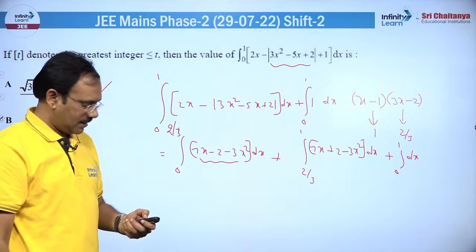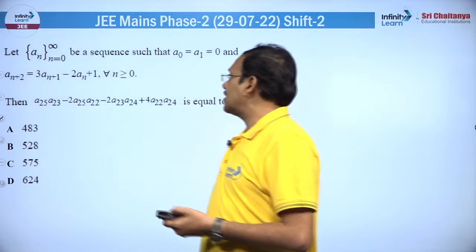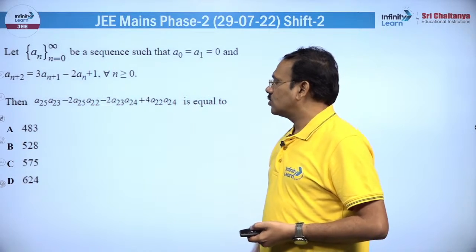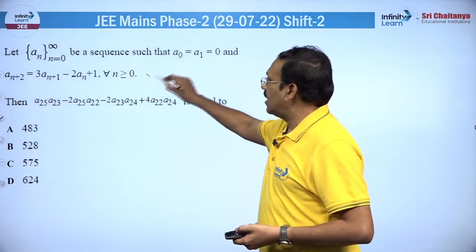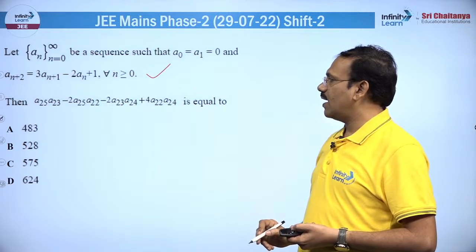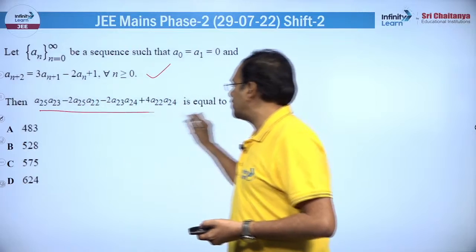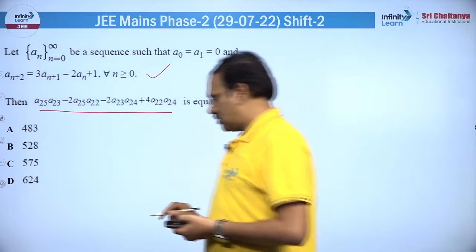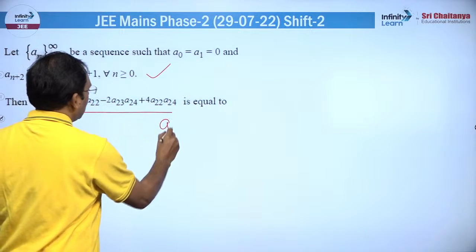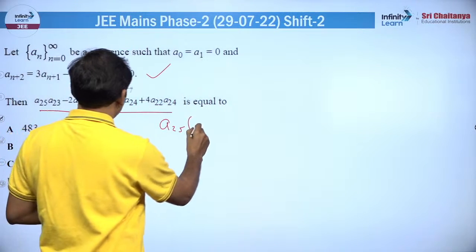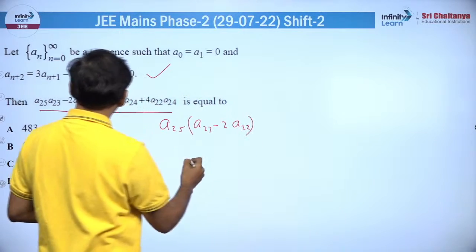That is all. Next, you see this question. You are given a sequence a n, and he is asking us to simplify this particular product. A relation is given for a n plus 2, and he is asking us to simplify. You see, my dear friends, here you can take a25 common, so that you will get a23 minus 2a22.